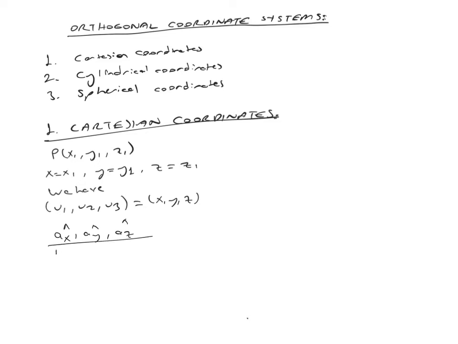These are base vectors which are perpendicular to each other in Cartesian coordinate system. For a right-handed system, we have the following cyclic properties. For the cross product operation, ax cross ay is equal to az and az cross ax is equal to ay.